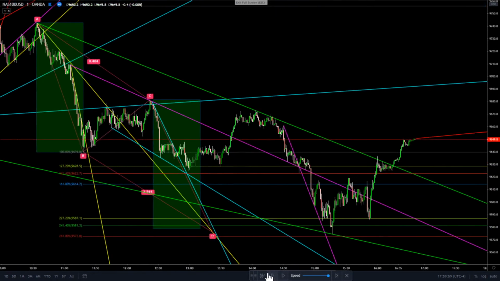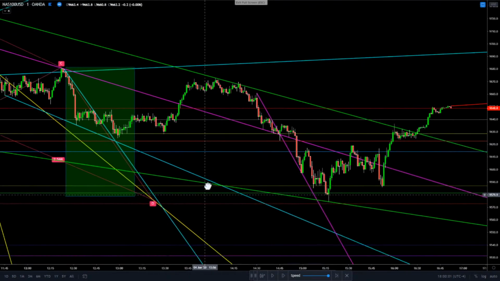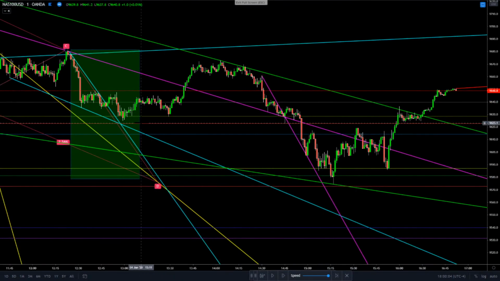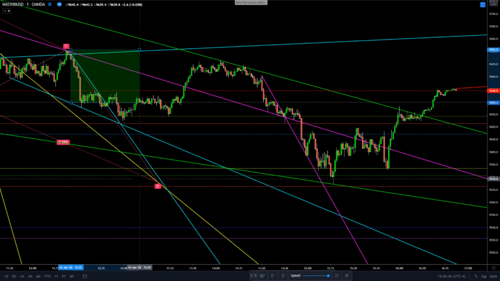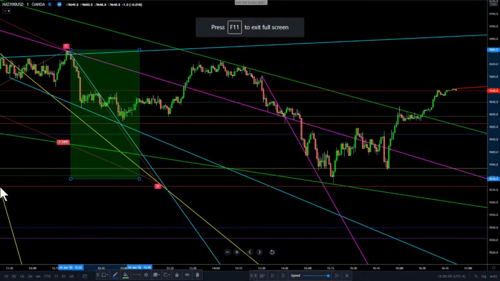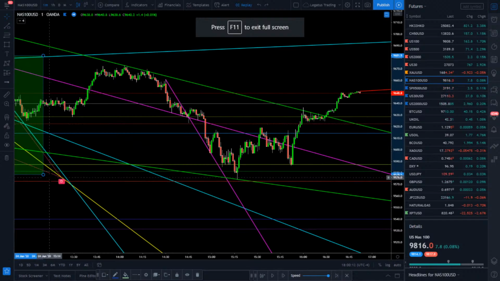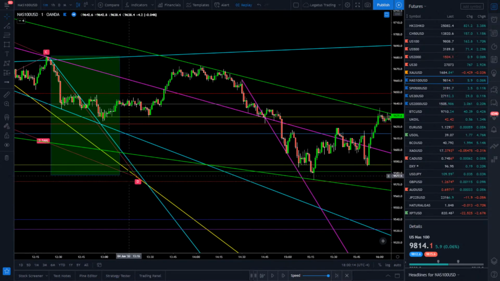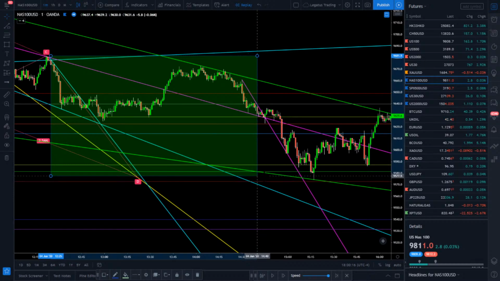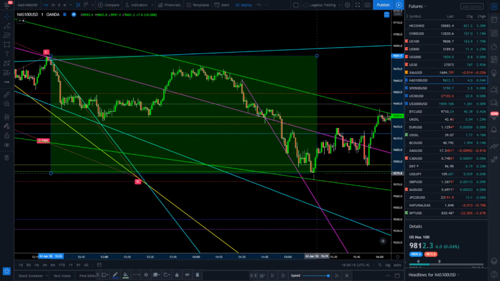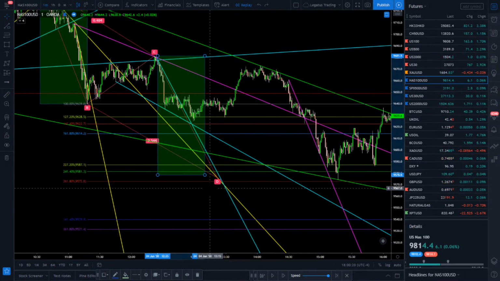Okay, yeah, this is where I wanted to show you. So we can see that that same level that we were looking at was actually, that same level just extended. Or you know what, better yet, I could even just do it this way.